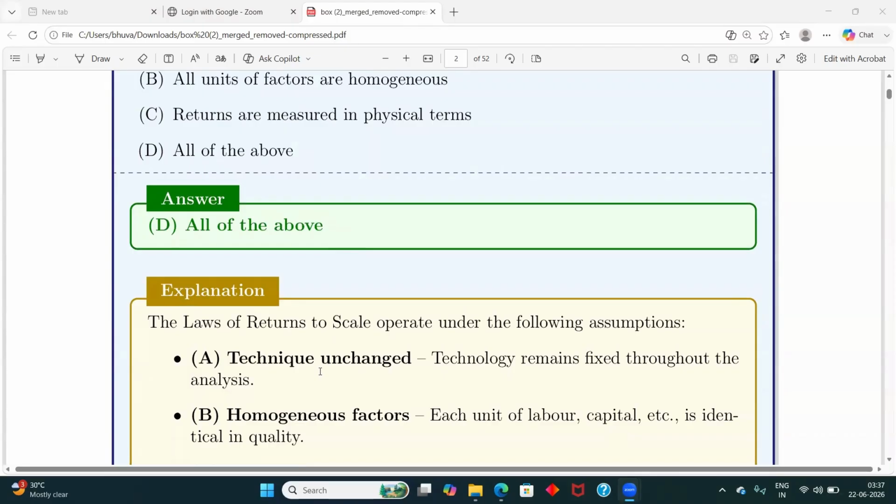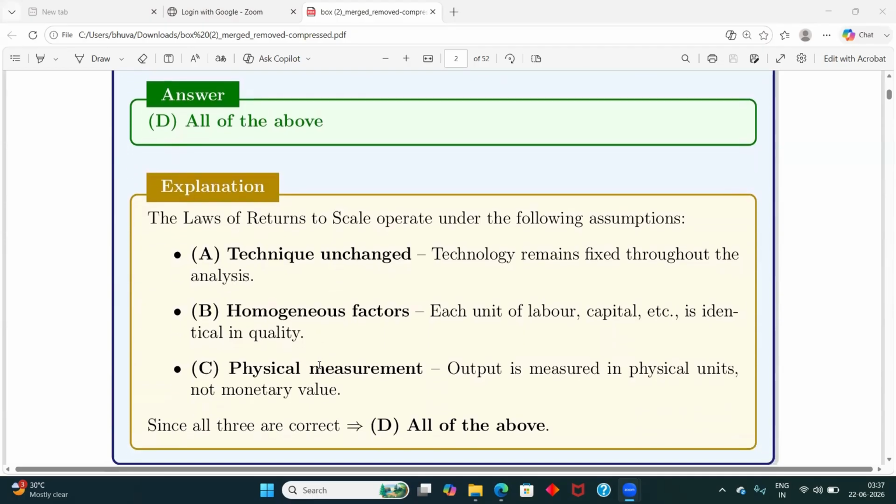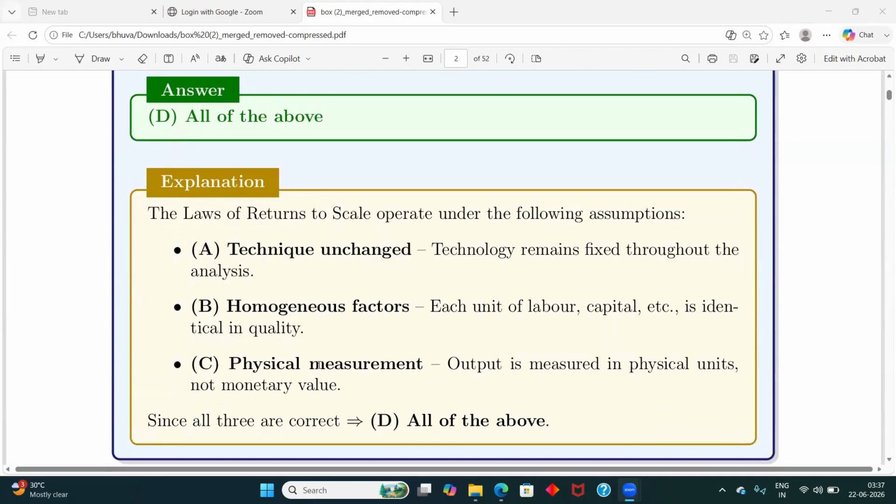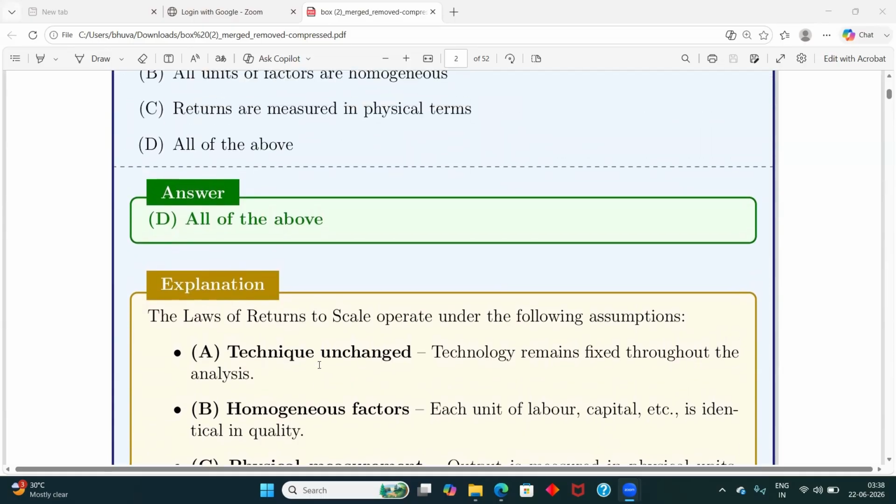Each unit of labor and capital is identical in quality. Assumption 3, physical measurement. Output is measured in physical units, not monetary value. So the laws of return to scale satisfy the three assumptions, and our correct answer is option D, all of the above.